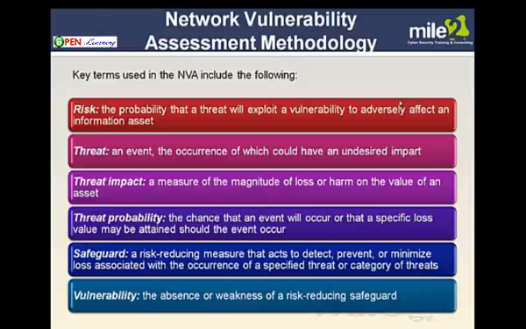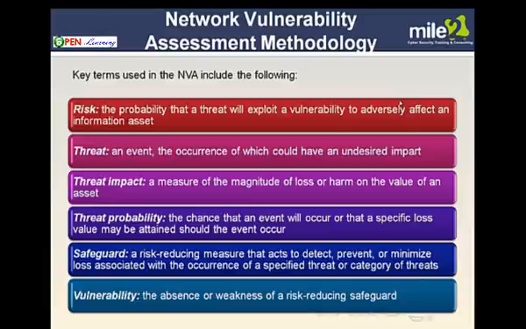Threat probability, the chance that the event will occur and or a specific loss value will occur. Safeguards, something we can put in place that will actually try to detect, prevent, or minimize loss. We put things in place to prevent loss, but it's not an absolute.